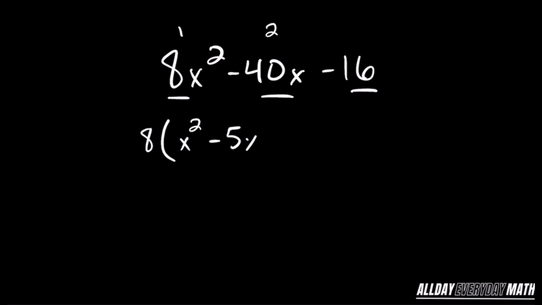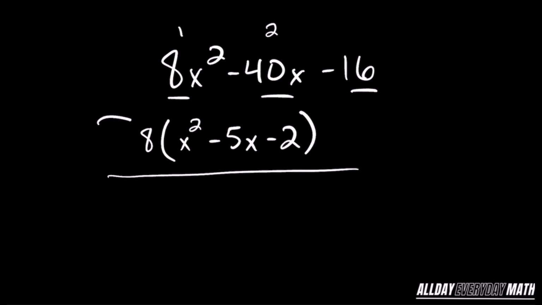And then lastly, 8 times what would get us to negative 16, and that would be negative 2, or minus 2. And so we would close our parentheses, and that would be our answer. So again, 8 is your greatest common factor.